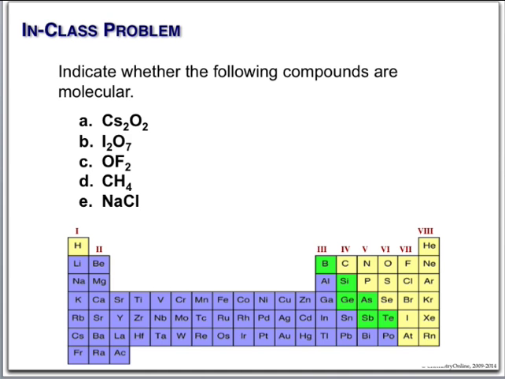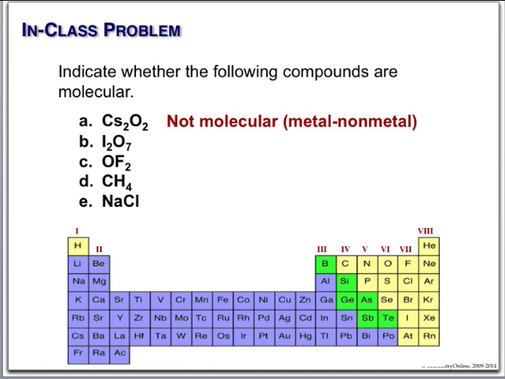Down here, oxygen is way over here in group 6. We have a metal, a nonmetal, and it's an ionic compound.